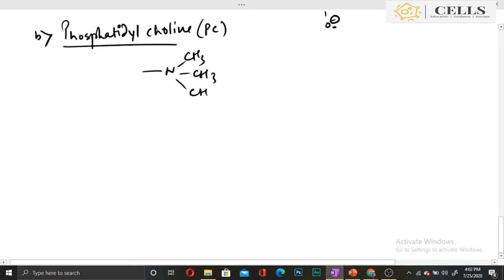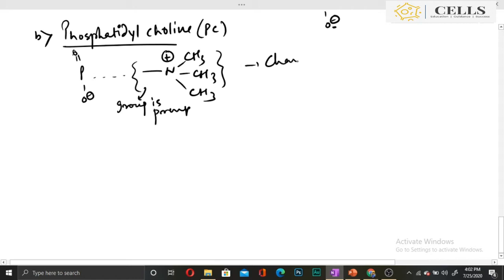We will go to the structure in biochemistry, but this group is present, and also there is a phosphate group like this. So tell me, what will be the charge at pH 7? What will be the net charge? 0. Very good. So at pH 7 the net charge will be 0.